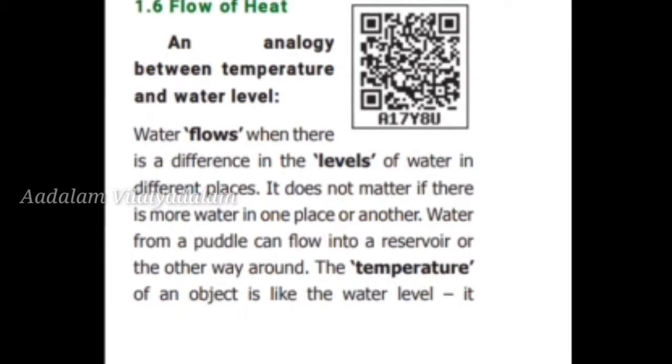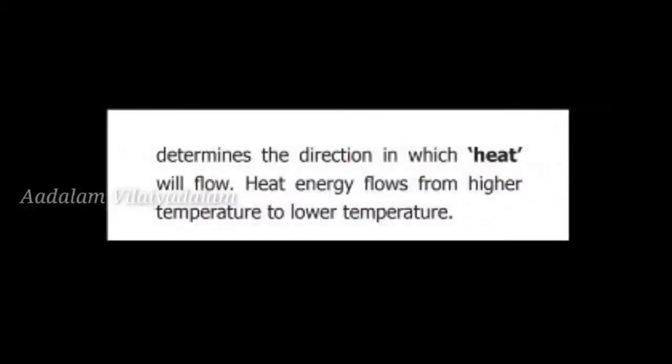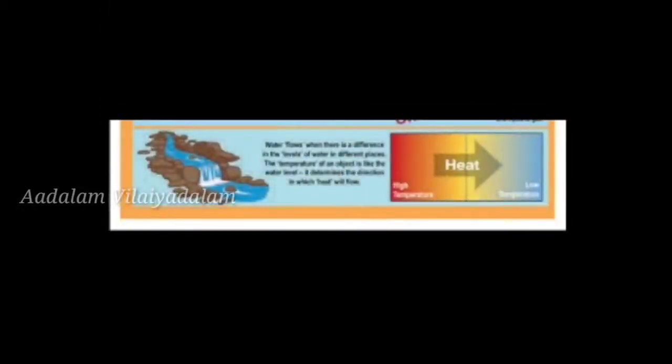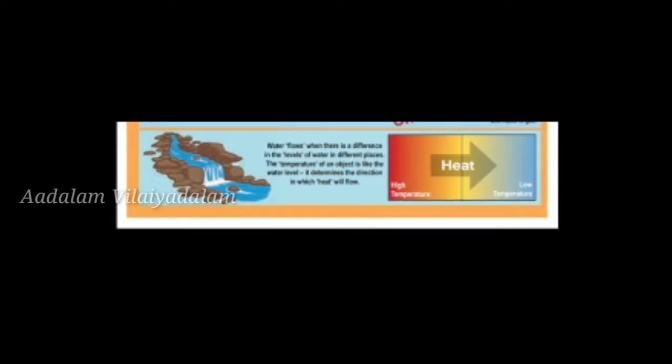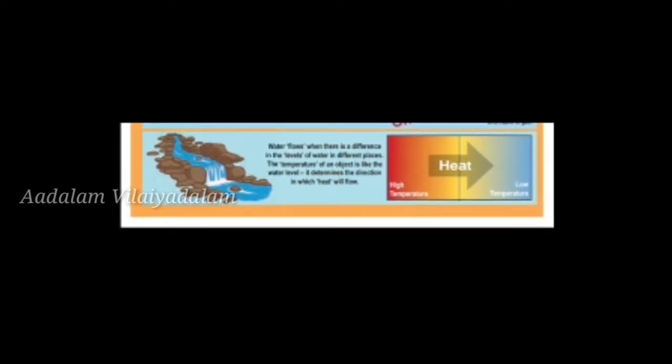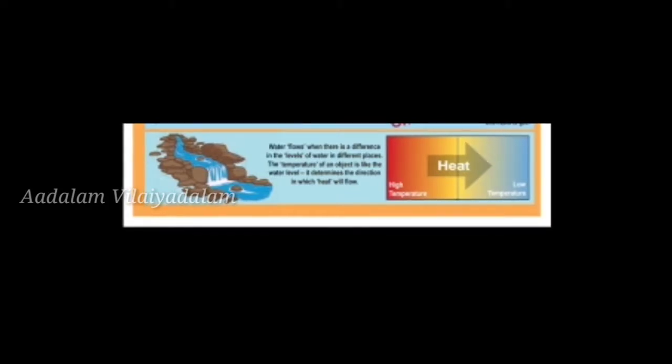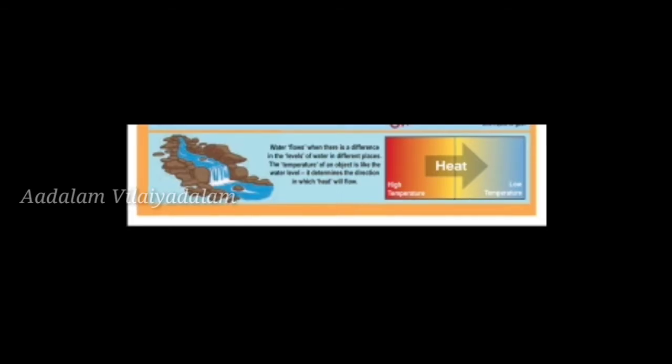An analogy between temperature and water level. See, water flows when there is a difference in the levels of water in different places. The temperature of an object is like the water level. It determines the direction in which heat will flow.